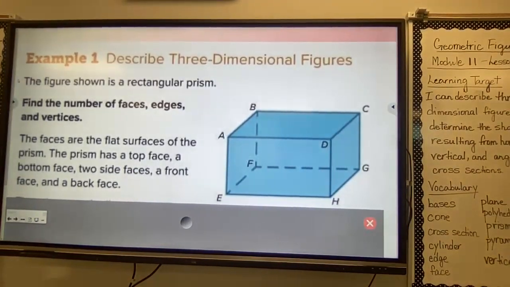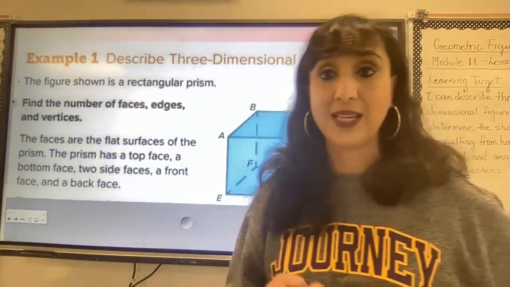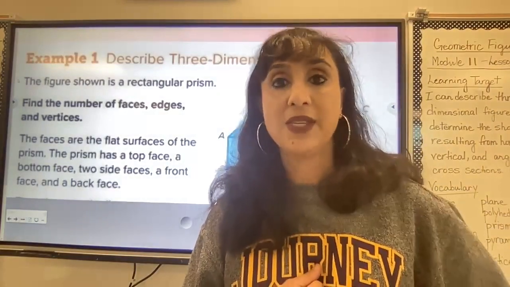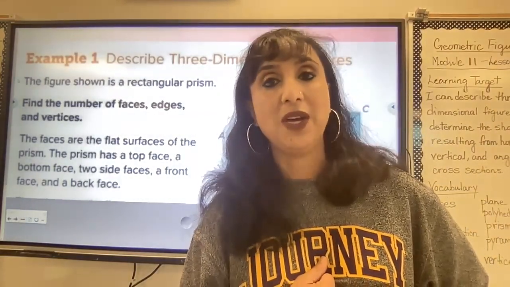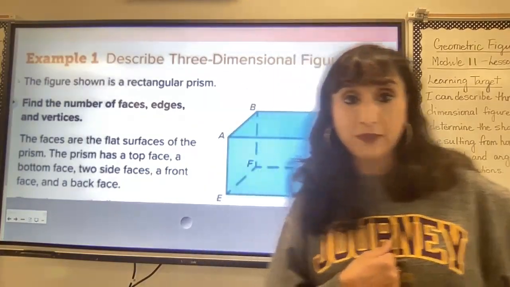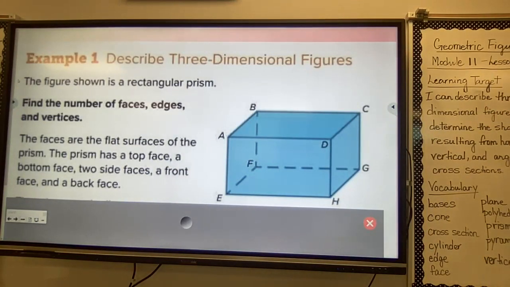And because it has 6 faces, it is also called a hexahedron because of the 6. Remember when we talked about polygons, 6 sides is a hexagon. So because this has 6 faces, it is a hexahedron. Okay. Now, we're going to find the number of faces, edges, and vertices. So we just said it has 6 faces.